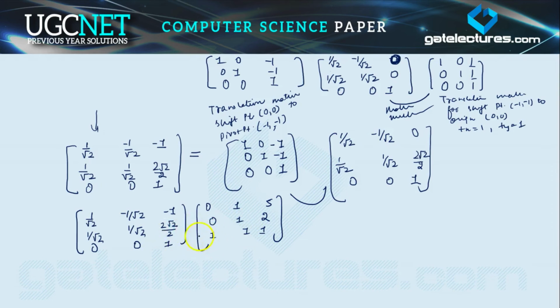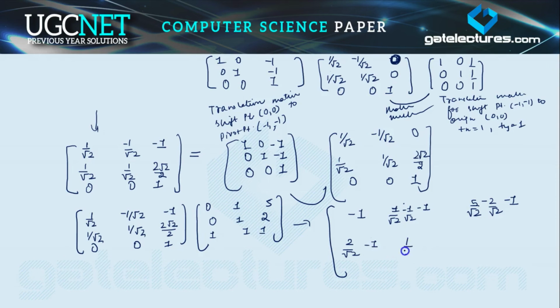Now apply the matrix multiplication here, and the resultant matrix is going to be -1, minus 1 by root 2, minus 1 by root 2, and this is -1, and then it is going to be 5 divided by under root 2, 2 by under root 2 minus 1, and next row 2 by under root 2 minus 1.